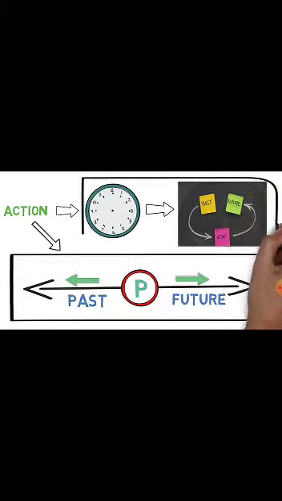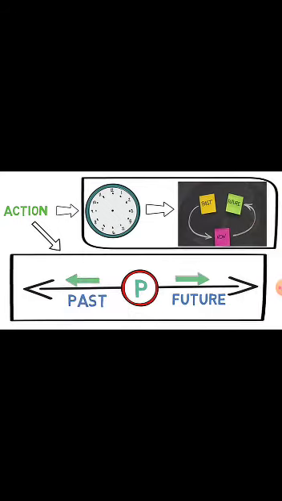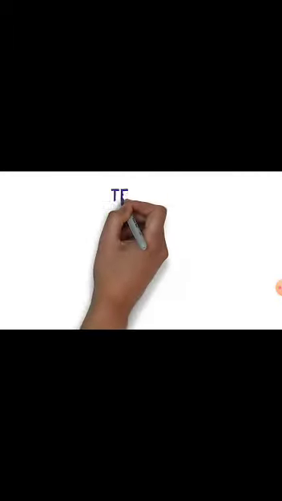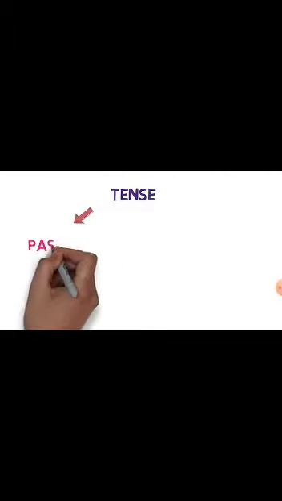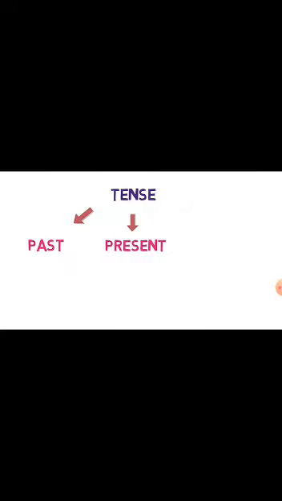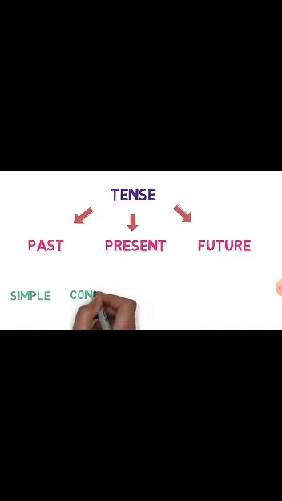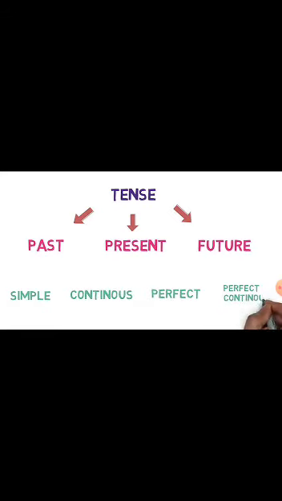Now, as time could be past, present or future, tenses are divided mainly into three types: past tense, present tense and future tense. Each of these three types has four subtypes: simple, continuous, perfect and perfect continuous.